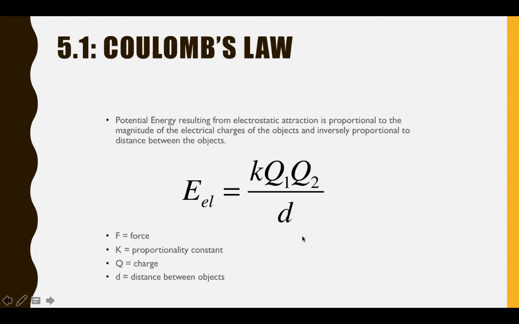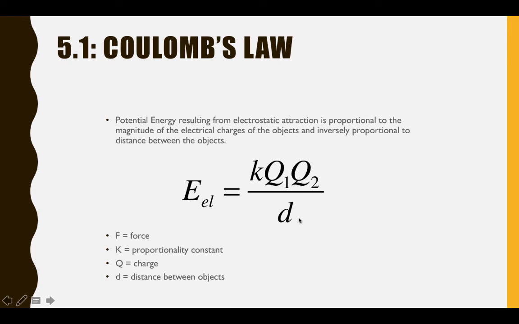You won't have to solve this equation, but it's important to understand the implications of this equation. For our purposes, we'll almost always consider particles with opposite charges. Therefore, if Q1 is opposite in sign of Q2, our electrical potential energy will always have a negative sign.